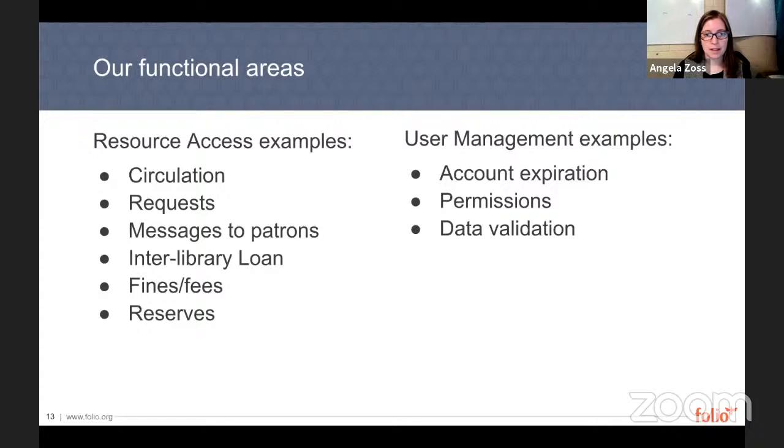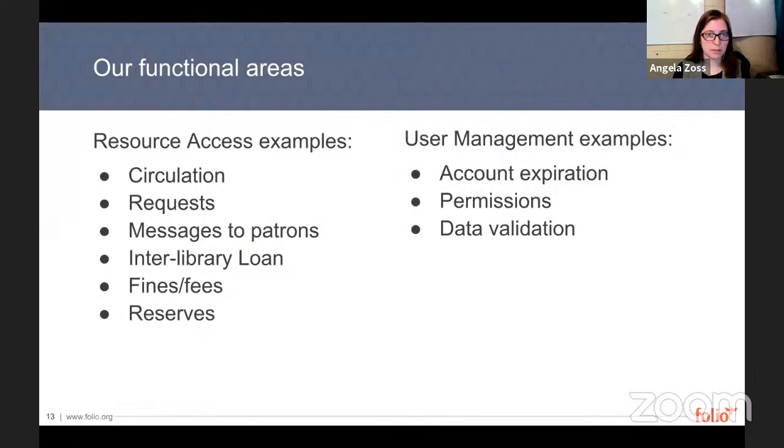Under the resource access moniker, you might see queries related to circulation, requests, the kind of messaging that happens to patrons through notices, interlibrary loan, fines and fees, and then reserves. Increasingly, we're also expecting to be pushing into user management soon. And so we'll have some user management queries like when accounts expire, different kinds of permission sets for users, and data validation for user account information. So these are broad topics that our queries might cover.